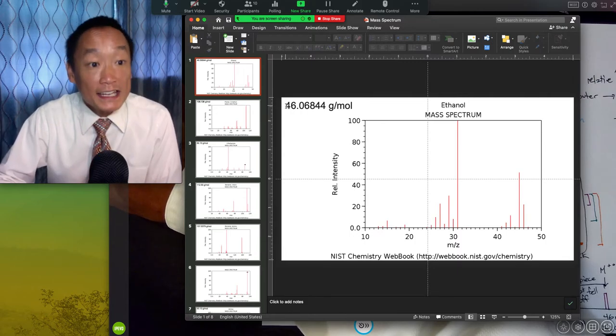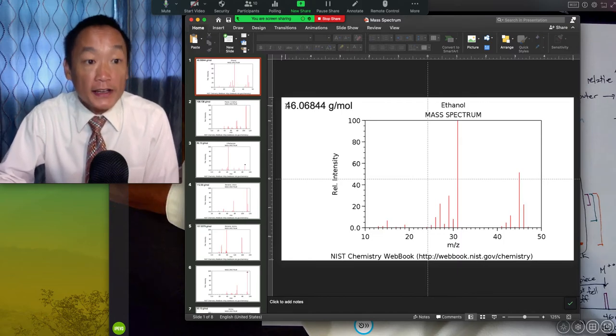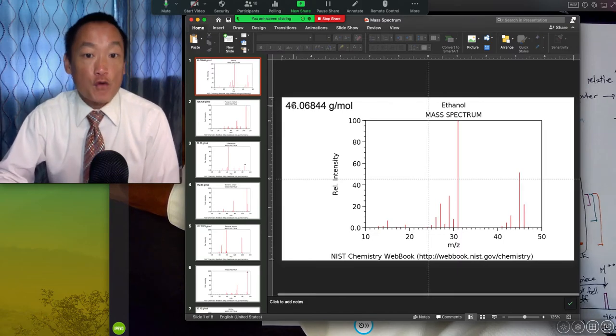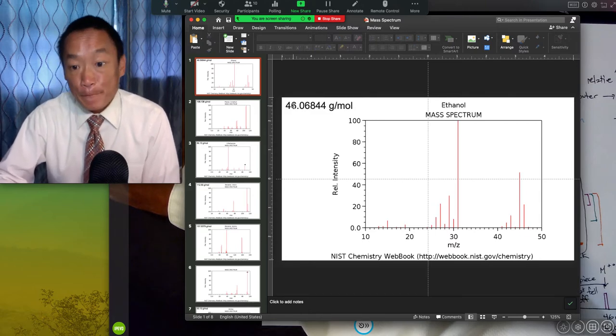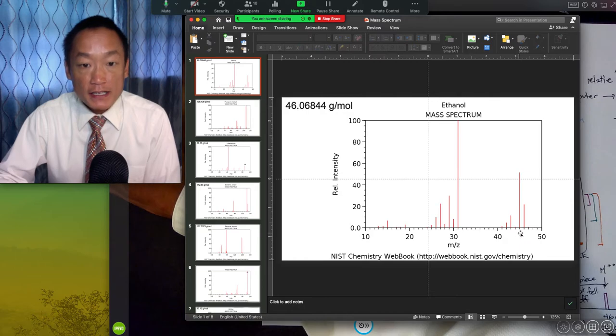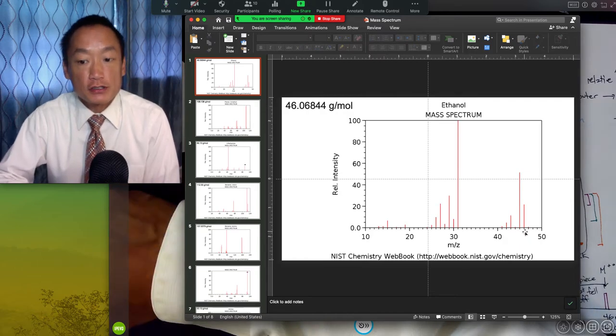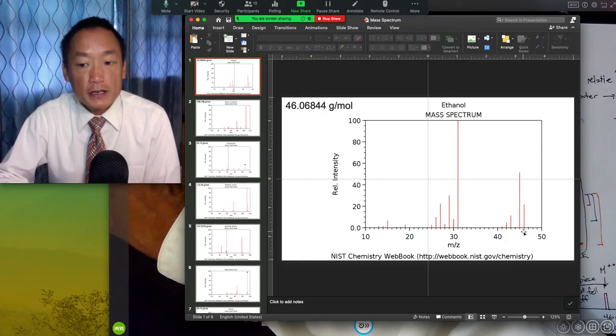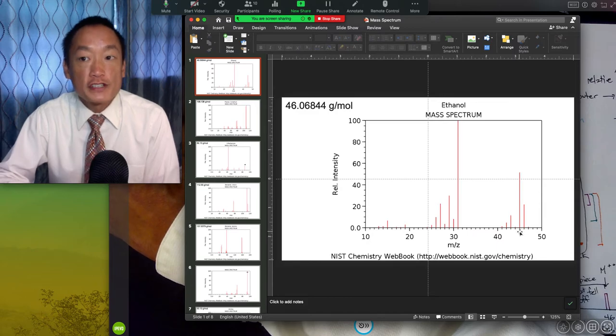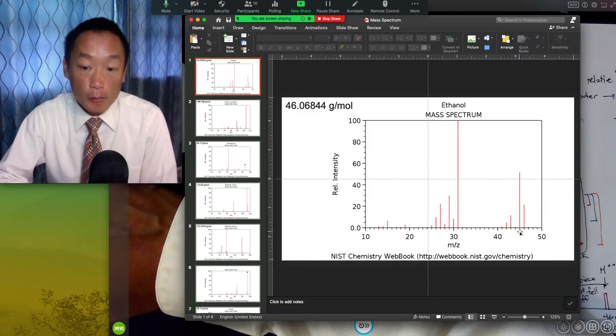So any one individual molecule should weigh 46-ish grams per mole if it is isotope free. And as a result, we would expect to see a peak right out here at 46 M over Z, or grams per mole. We also see a peak here at 45 M over Z.